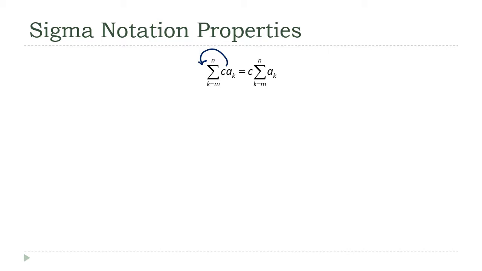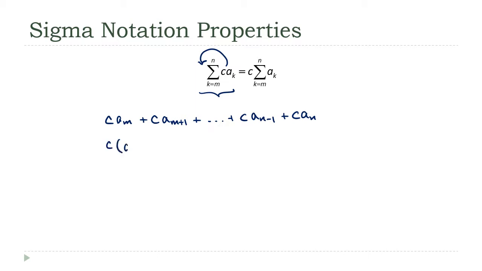I'm going to write this first series out into its expanded form. So I'll do c a sub m plus c a sub m plus 1 plus so on out to c a sub n minus 1 plus c a sub n. Now apply that distributive property. Pull out that c.